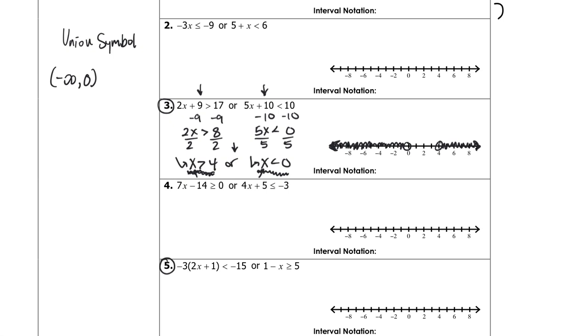Well, the union symbol is going to demonstrate that I have multiple sections on the same graph. So what the union symbol means is, hey, you had a little bit of a break, pick back up at this number, and here is the smallest number that you will pick back up at. So in our example, we pick back up at 4, and then in that section, the largest number is positive infinity.